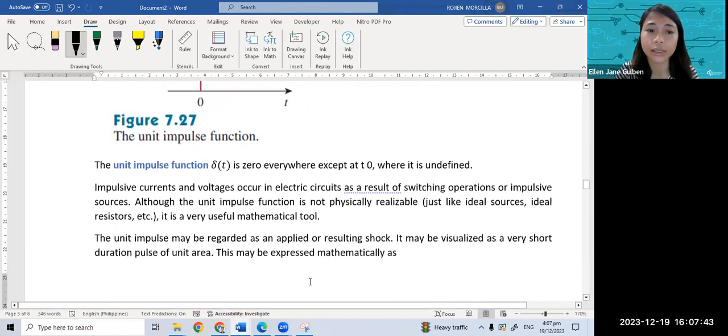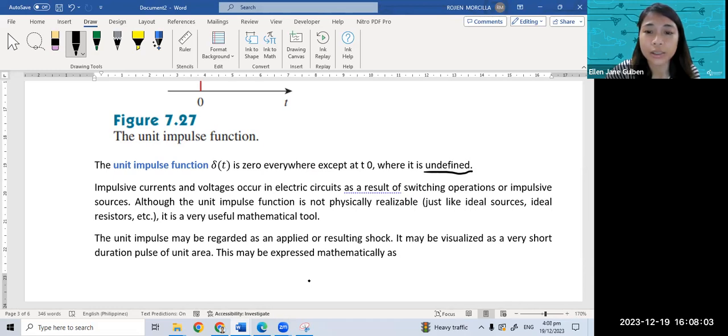So the impulse signal, although it may look like something weird, is called delta t. It is 0 everywhere except at 0 where it is undefined. Impulse currents and voltages occur in electric circuits as a result of switching operations or impulse sources.